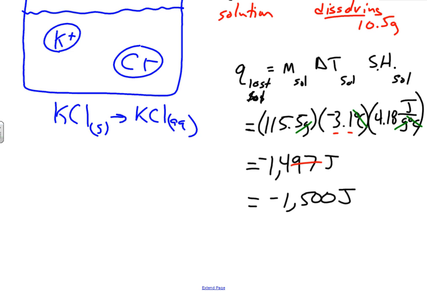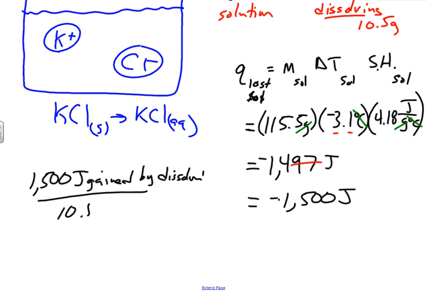So if we're going to figure out the energy per gram, we're going to take that and divide by the 10.5. So let's go over here to the left a little bit. And this is also, remember, negative, so that was the energy that was lost by the solution. If we're going to look at the dissolving, that's energy gained, so that's going to be the positive of that. So we're going to have 1,500 joules gained by the process, by the dissolving, divided by the 10.5 grams that we dissolved.